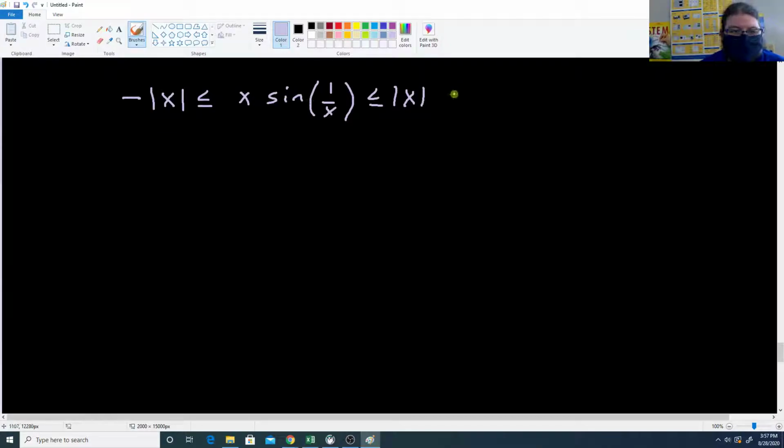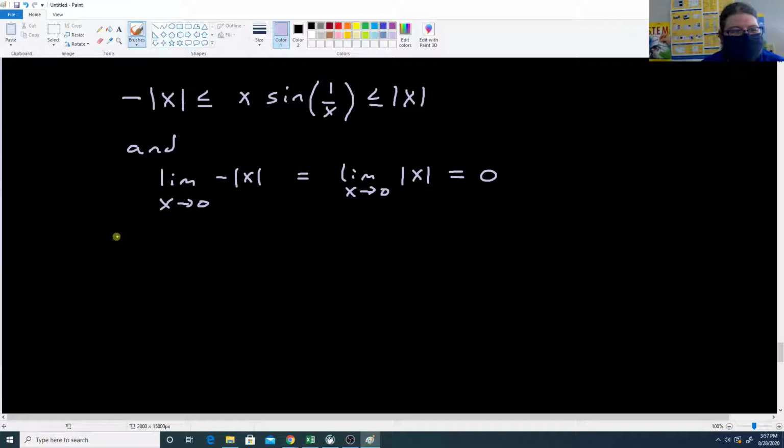So we know that this is true, and we know from our two little graphs that we did, the limit as x approaches 0 of negative absolute value of x is equal to the limit as x approaches 0 of positive absolute value of x, and those both equal 0.